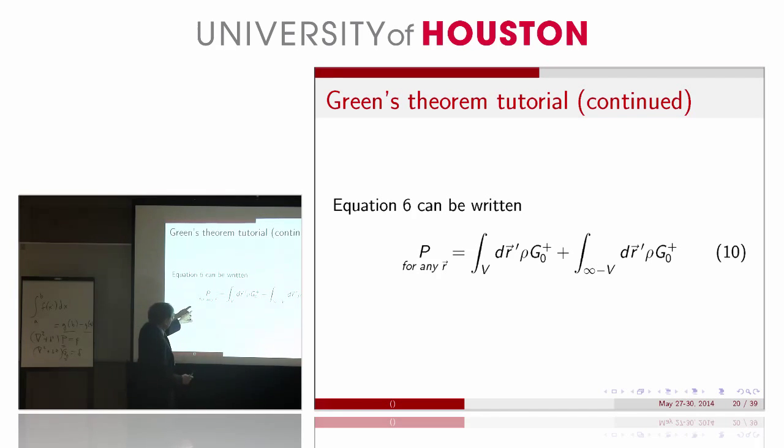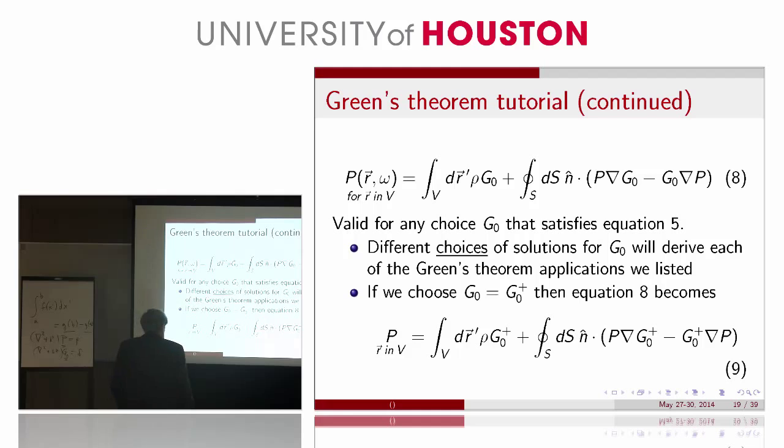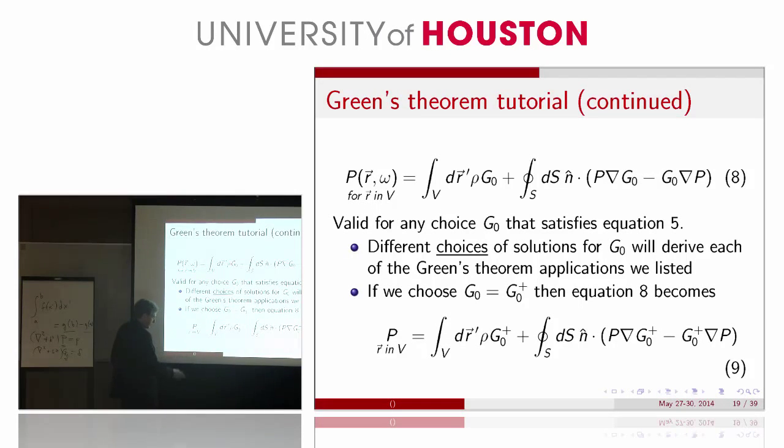So for R in the volume, which is part of anywhere, this plus this for R in the volume must be this plus this for R in the volume. Because the next slide was for everywhere. This is for some part of everywhere.